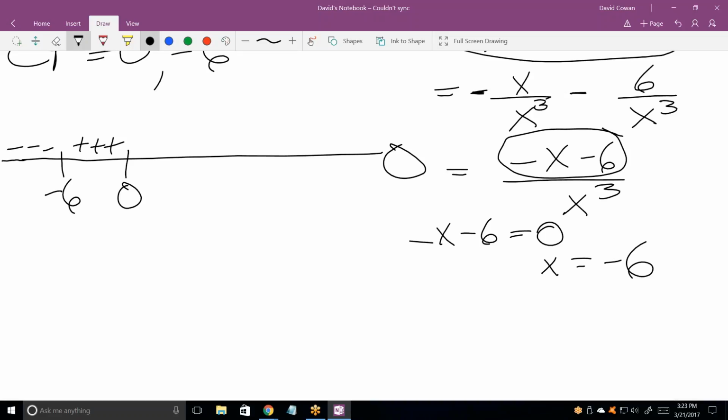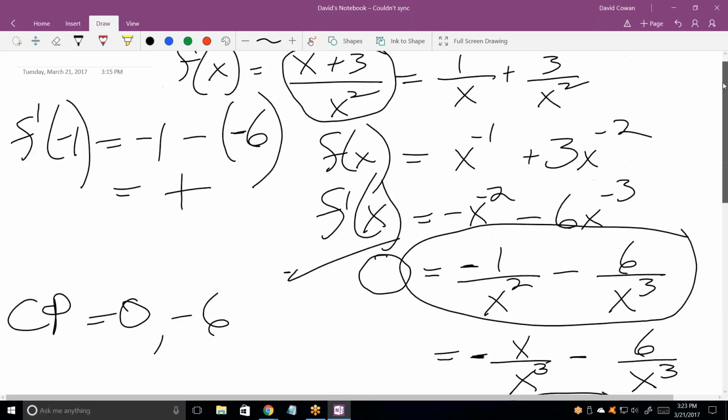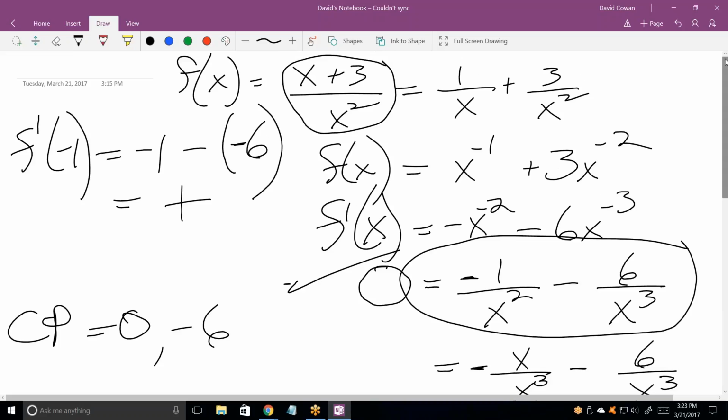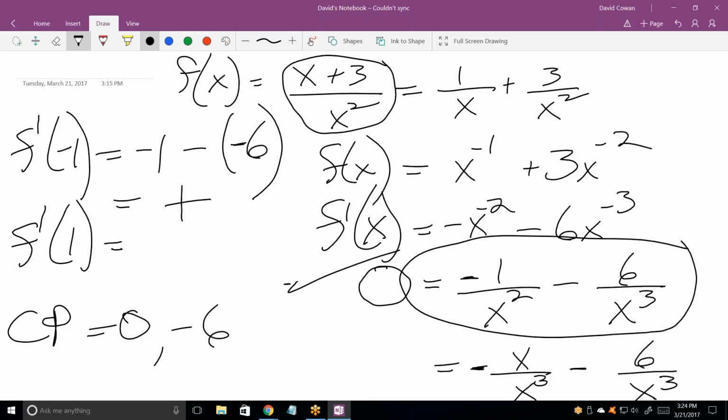And now to the right of 0, pick a number. 1. What is f prime of 1? Negative 1 minus 6, which is a negative number.